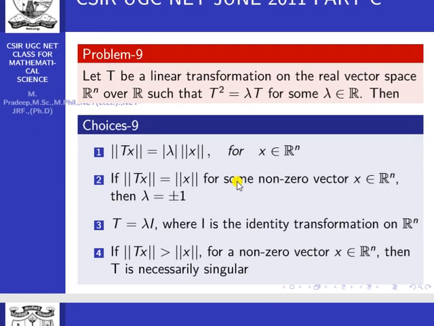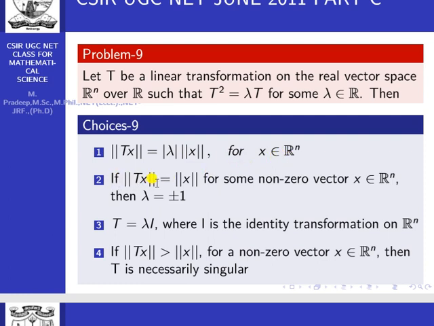Next problem, problem number 9. Let T be a linear transformation on the real vector space R power n over R such that T square equals lambda T for some lambda belongs to R. Then the options are: norm of Tx equals mod lambda into norm of x for x belongs to R power n.